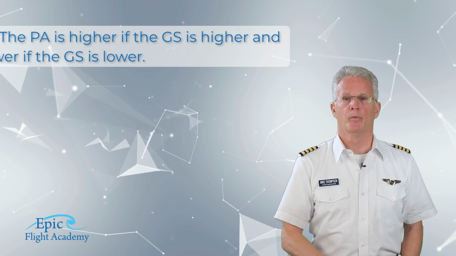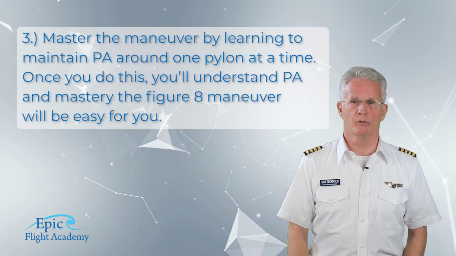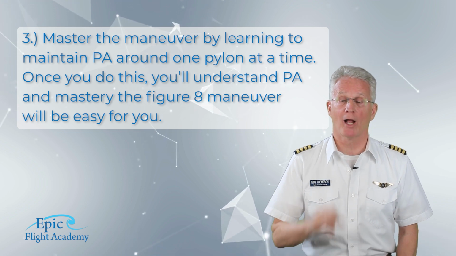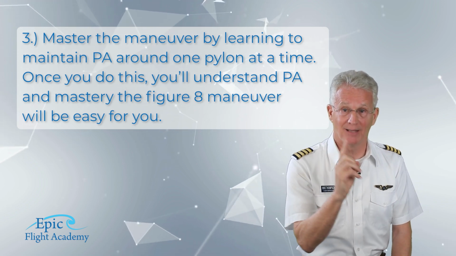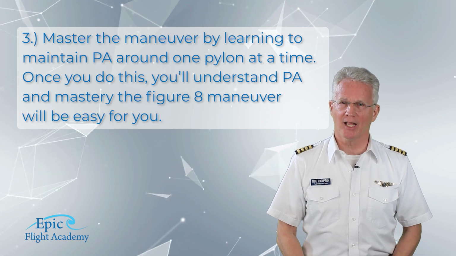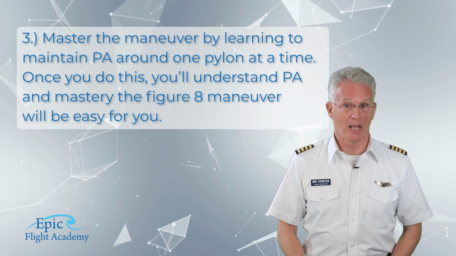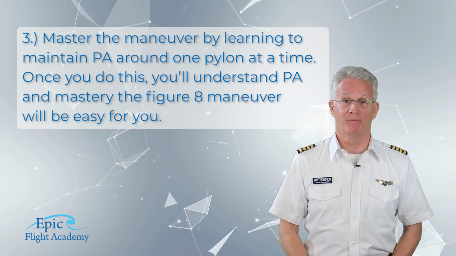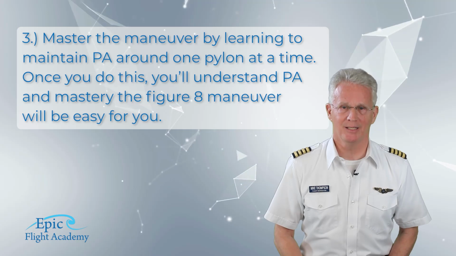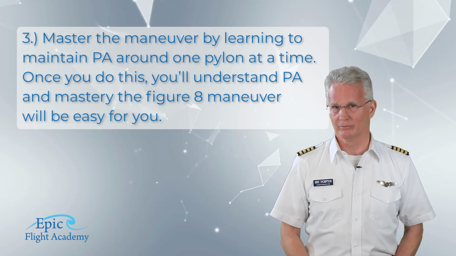And finally, number three, master the maneuver by learning to maintain pivotal altitude around one pylon at a time. Once you do this, you'll understand pivotal altitude, and mastery of the figure 8 maneuver will be easy for you.